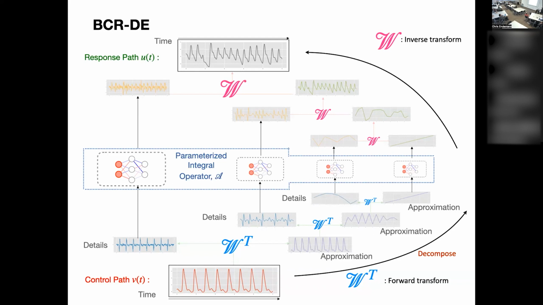The benefit of using wavelets as the tool that helps us go to the latent space is the fact that there is a natural inverse transform and a fast one that's associated with it.